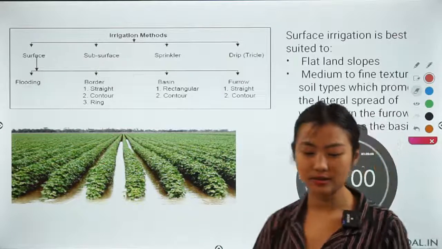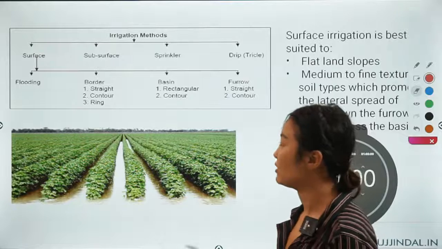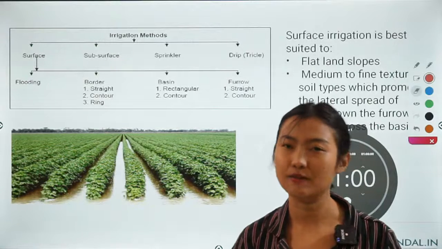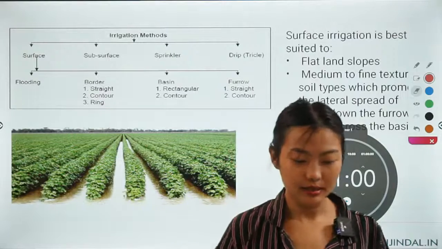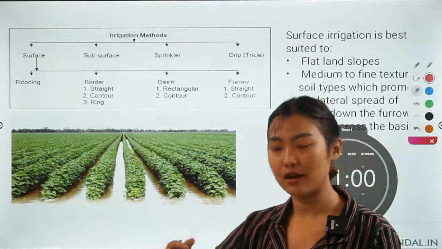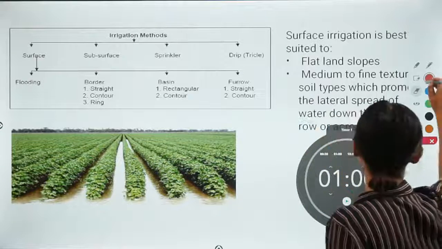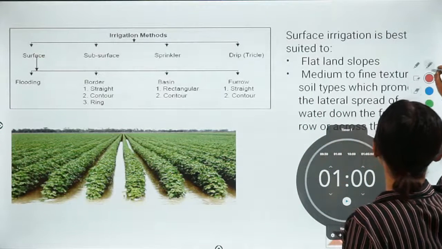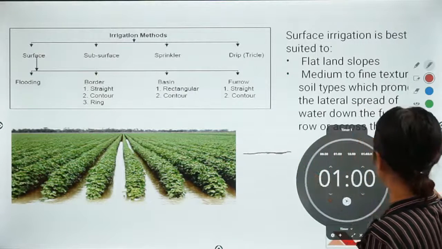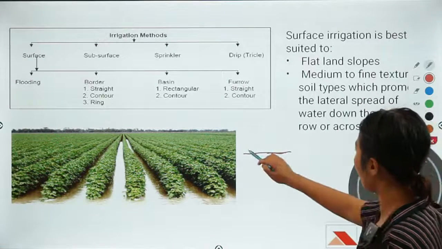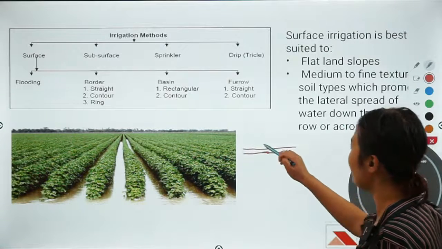Let's roughly understand what this surface irrigation method is, right? The surface irrigation method is one of the most common and primitive methods, and it's widely used by people around. As the name suggests, it is surface: a land, and the water is right above the surface of the land.